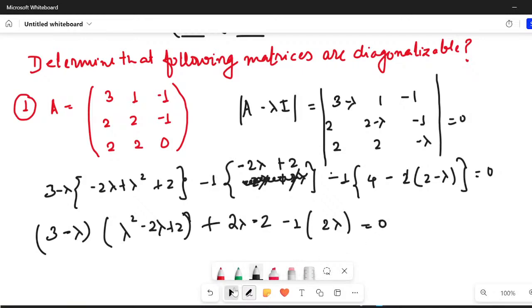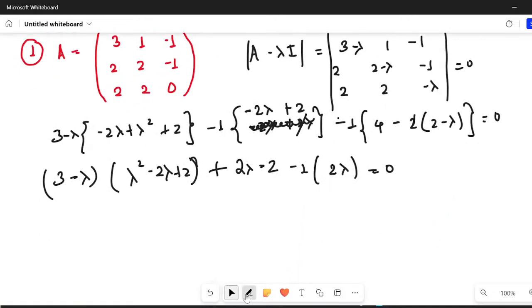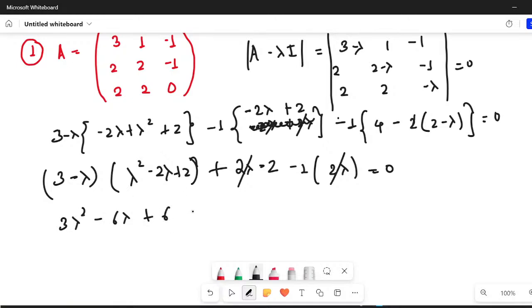Okay, so this is one thing. Now you see this 2 lambda gets cancelled here. Eventually, what are we left with? So I think we are left with 3 lambda square minus 6 lambda plus 6 minus lambda cube plus 2 lambda square minus 2 lambda minus 2 equal to 0, right?